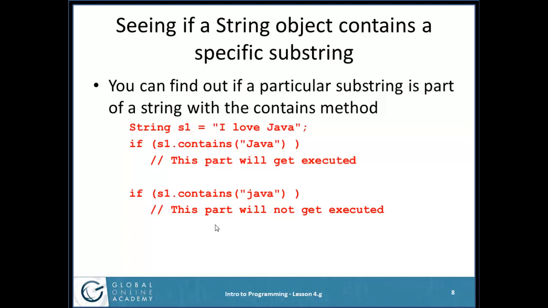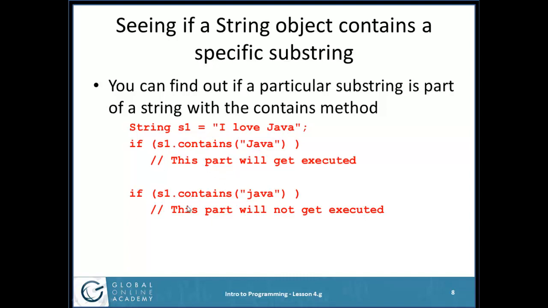Now, we can also see if a string object contains a specific substring. Suppose I've got a string that's got the value I love Java. This if statement, if S1 contains Java, this will get executed, because somewhere in here are the characters in order, J-A-V-A.